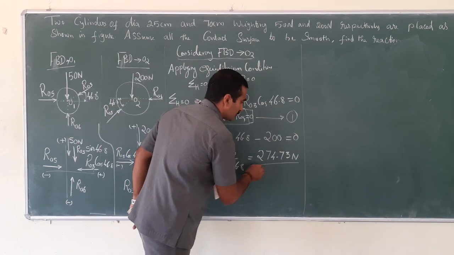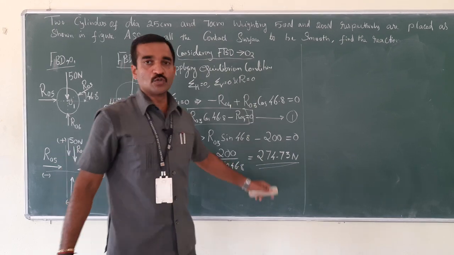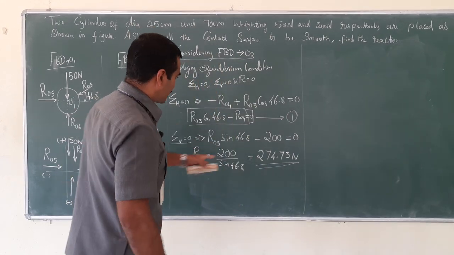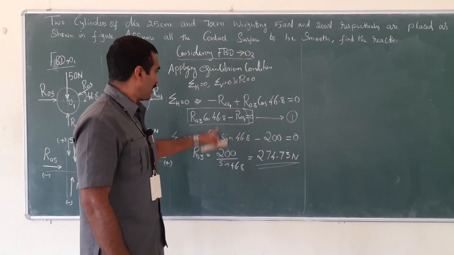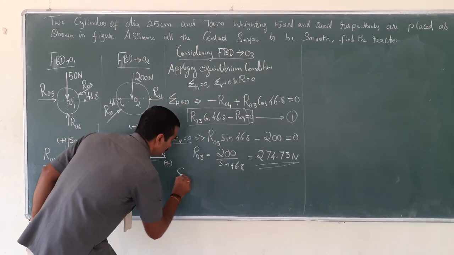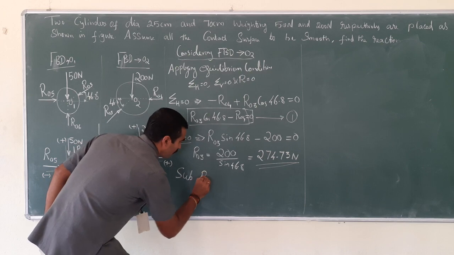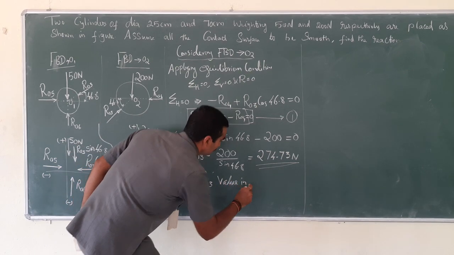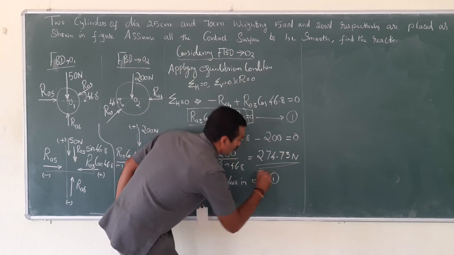Right? R03 value is 274.73 newtons. Just substitute this R03 value in equation number 1.